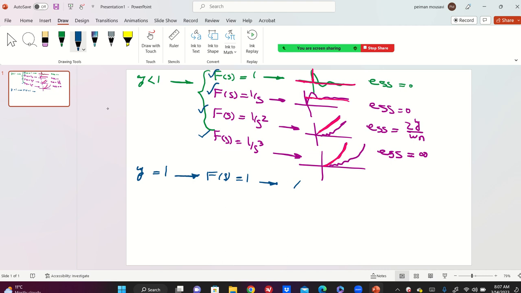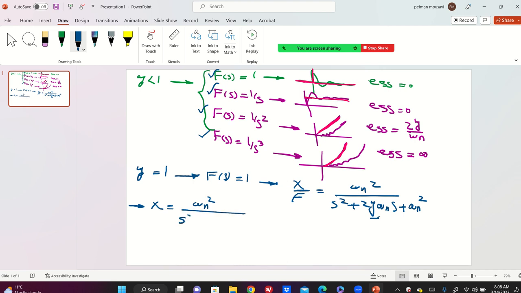okay, so X, remember X over F was omega n square over s square plus 2 zeta omega n s plus omega n square. When zeta is 1, you can write that X, because F is 1, is omega n square over s square plus 2 omega n s plus omega n square.